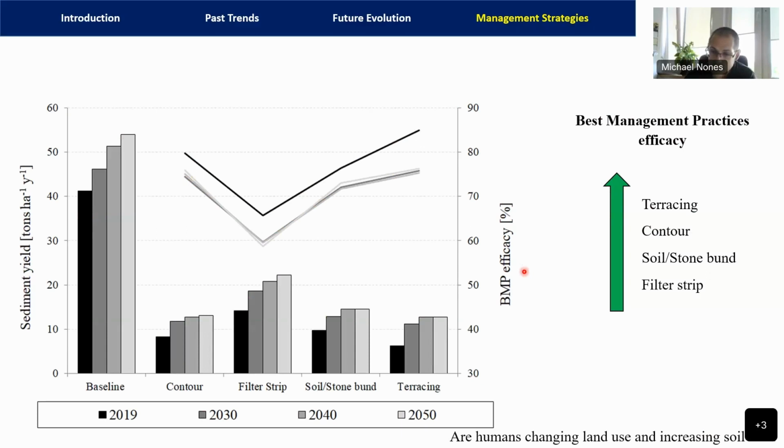Looking at the sub-watershed scale, there are differences between the sub-watersheds because the methods depend on local characteristics. And at the watershed scale, for the entire Fincha watershed, some methods perform better than others. In this case, terracing performs better than all the other methods for all the years here.